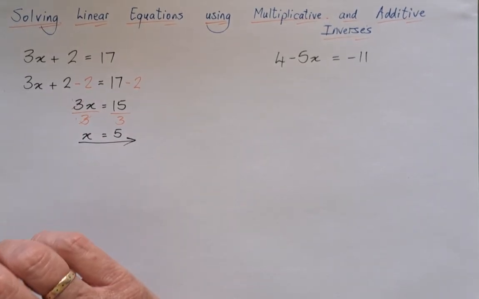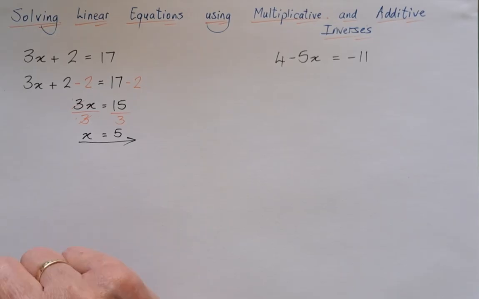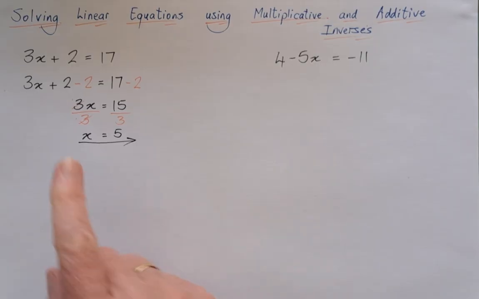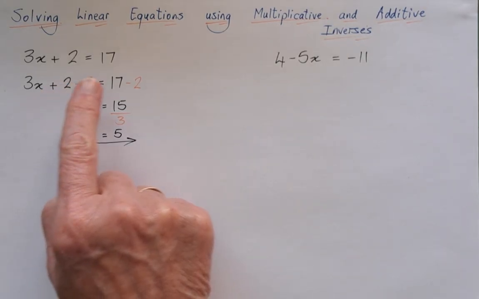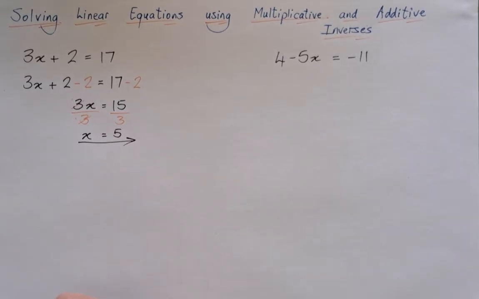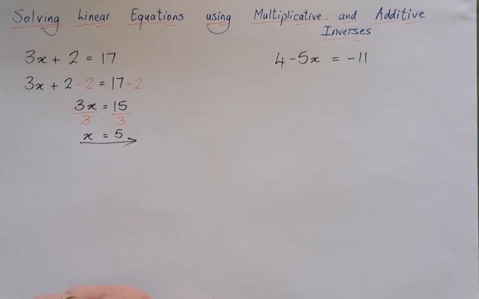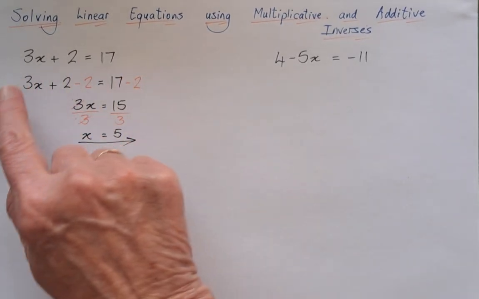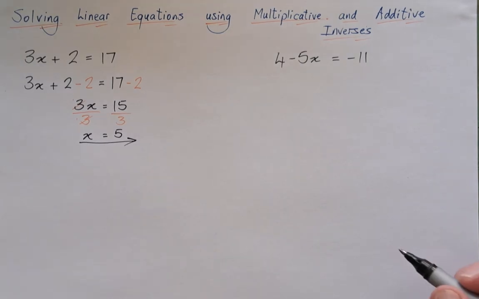We're just going to remember a shortcut now: if a term goes over the equal sign to the other side, it changes its sign. And it doesn't matter whether it's going from the left across to the right or from the right across to the left, which is going to happen just now, it will change its sign. So we're just going to make this step easier by remembering that.